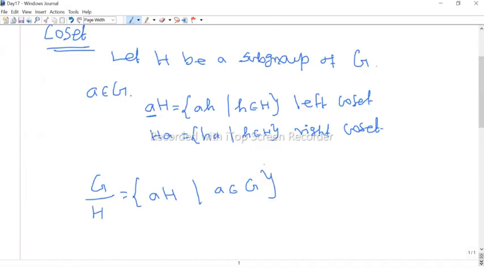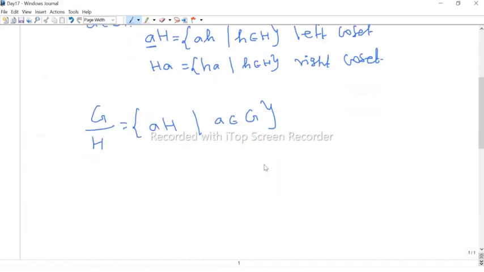Now we are going to impose some operation on the set G by H to become a group. That group is called a quotient group. So if we take two cosets AH and BH and multiply AH into BH, we expect that again should be a left coset, that is AB times H. This is true only when H is a normal subgroup.